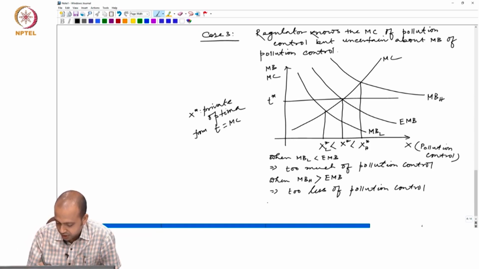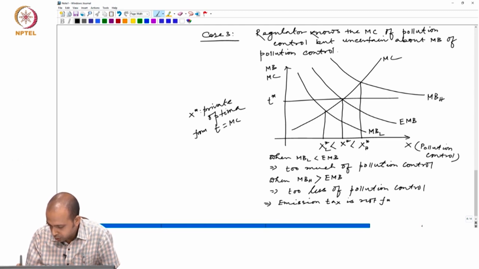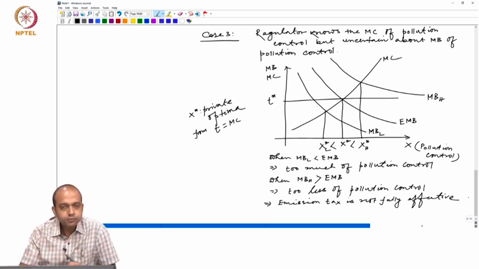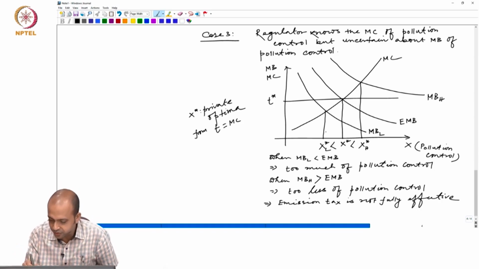So, here also you can say that the emission tax is not fully effective when there is uncertainty. Here also it is not fully effective because there is divergence. This is the divergence amount.